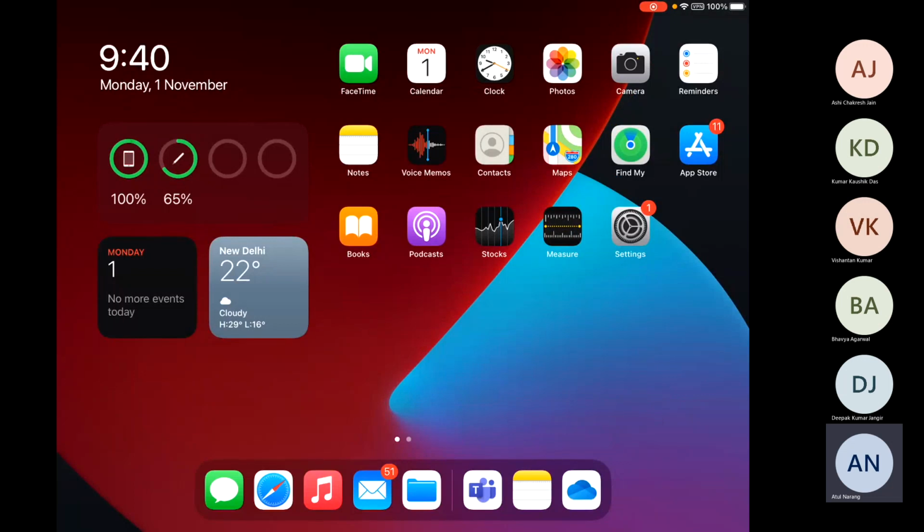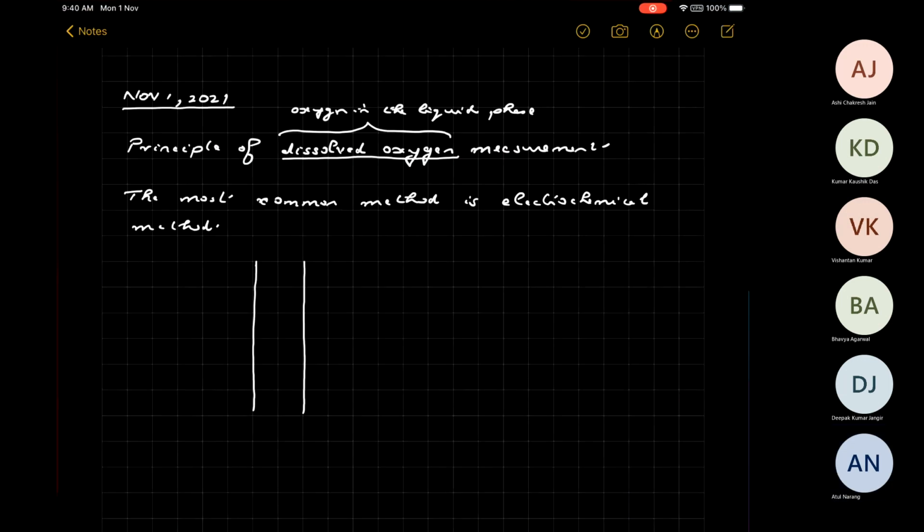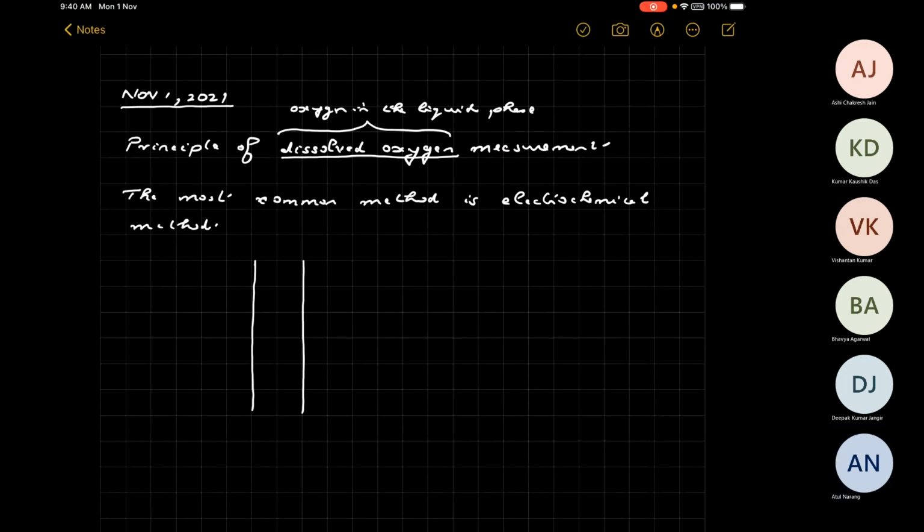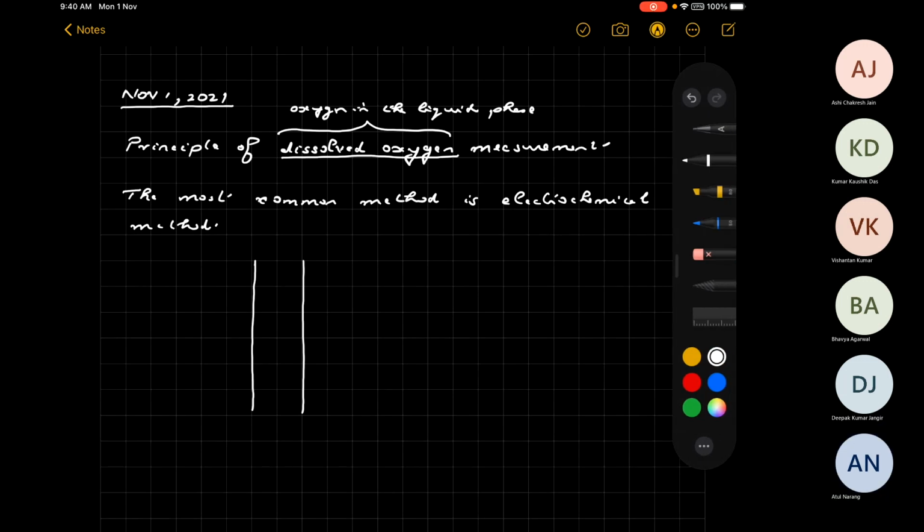I'm taking this material from Dissolved Oxygen Electrodes, and this is by Yang and Sao.